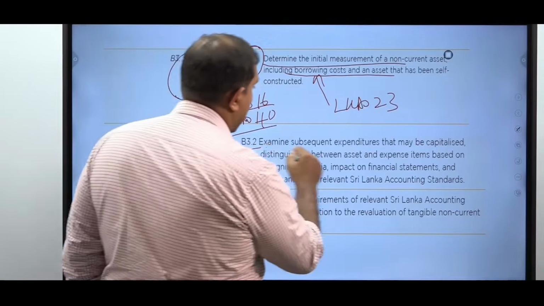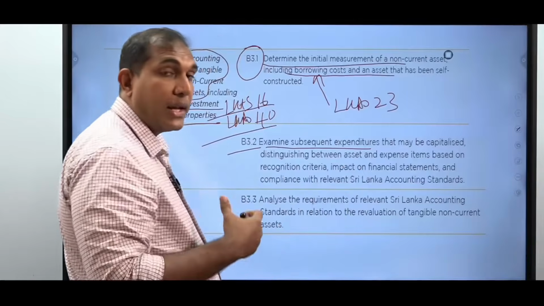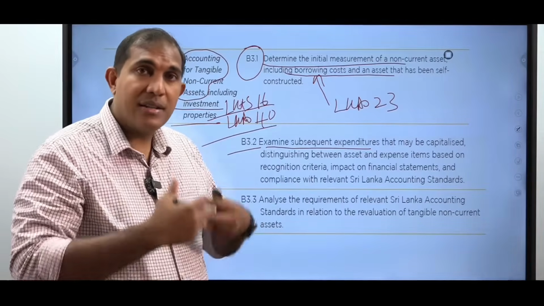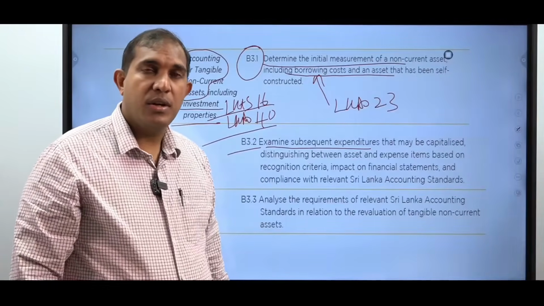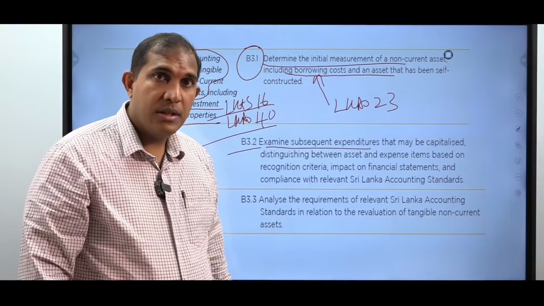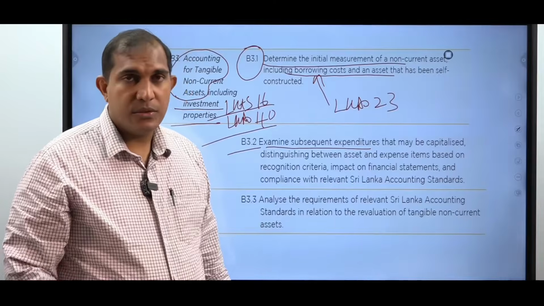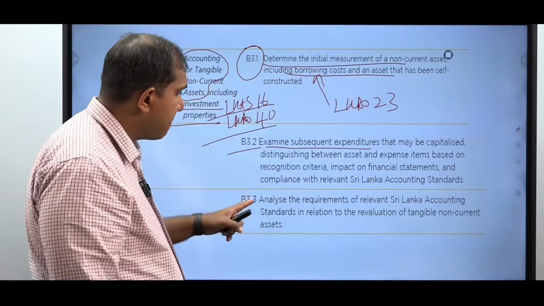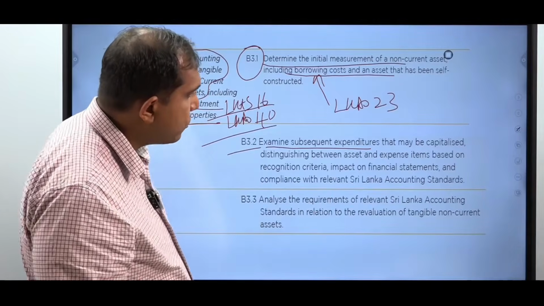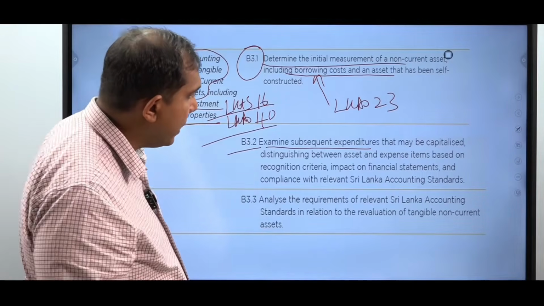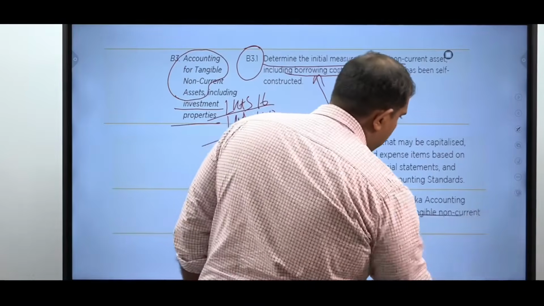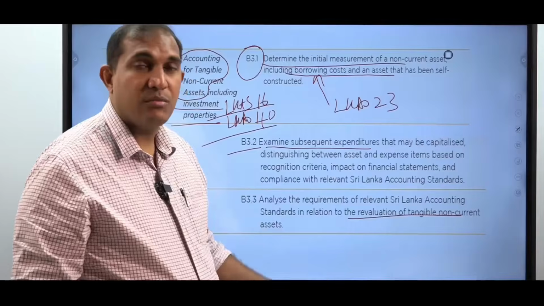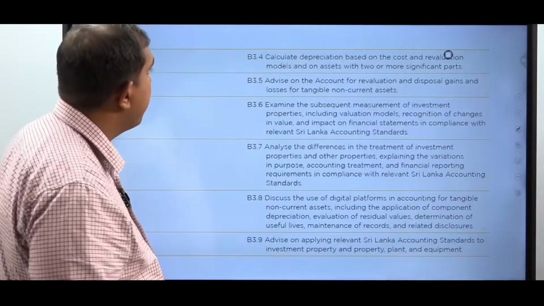Subsequent expenditure: when there are capital nature expenditures incurred to enhance the earning capacity of property, plant, equipment, investment properties, there are accounting treatments to be done. So we will be discussing them. Analyze requirements of relevant Sri Lanka accounting standards in relation to revaluation of tangible non-current assets. Revaluation model to be discussed.